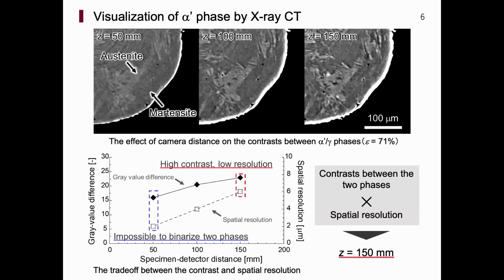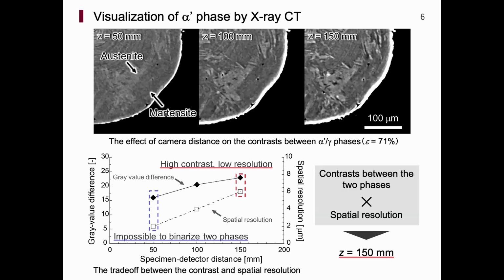So now let me introduce the results of X-ray CT. These are the reconstructed images at different camera distances. At 50 millimeter, we can distinguish between austenite and martensite phases, but their contrast was not clear. So as we increased the camera distance, the contrast between two phases became clearer and easier to identify both phases.